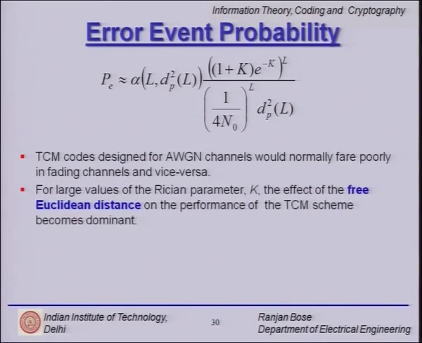For large values of the Rician parameter k, the effect of free distance on the performance of the scheme becomes dominant.